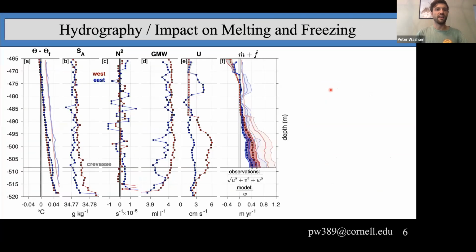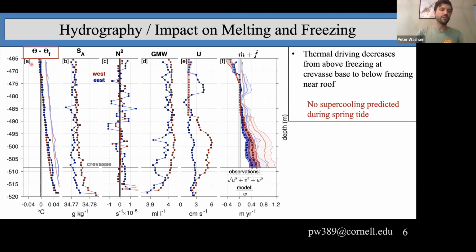Moving forward, now we can look at the temperature and salinity throughout the water column, combine it with the current speeds, and understand a little more what's happening in there. So the thermal driving is the first order forcing of ocean forced melting, where the blue squares are the east side or the left side, and the red squares are the right side or west side.